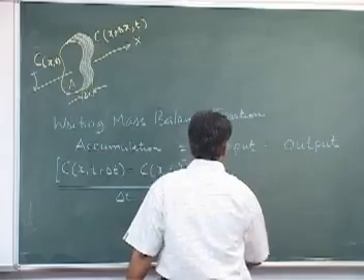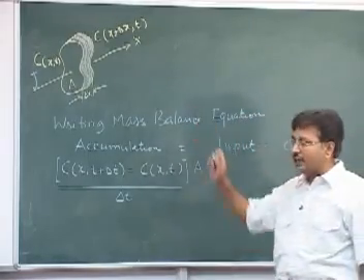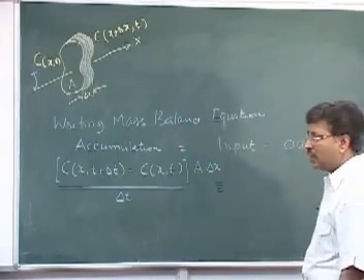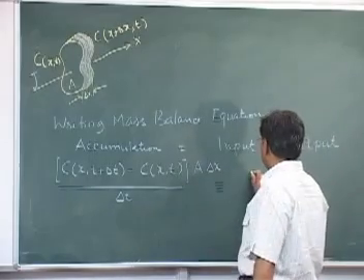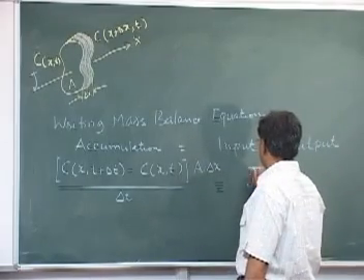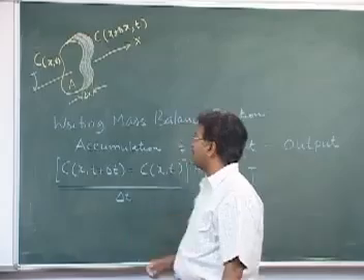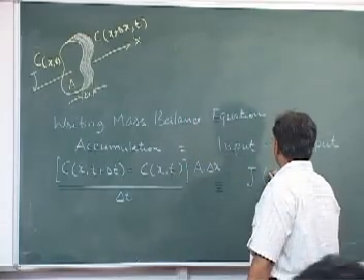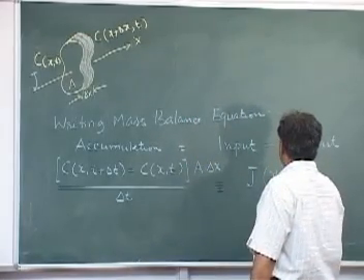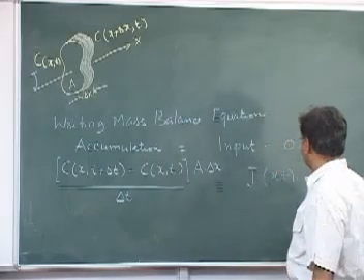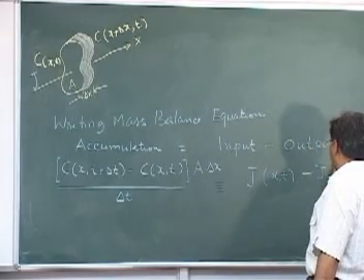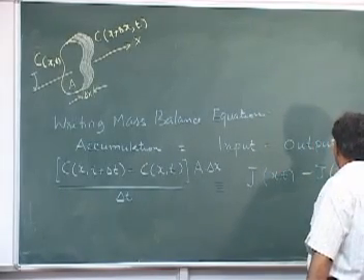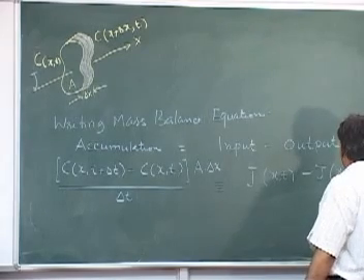This must be equal to, I can take advantage of J now, J at x, t minus J at x plus delta x.